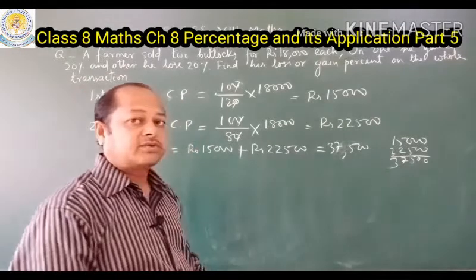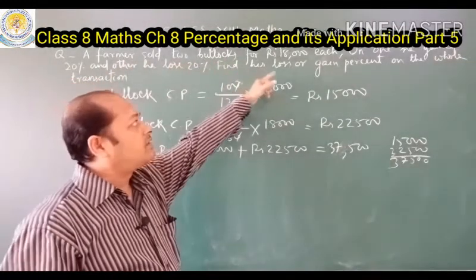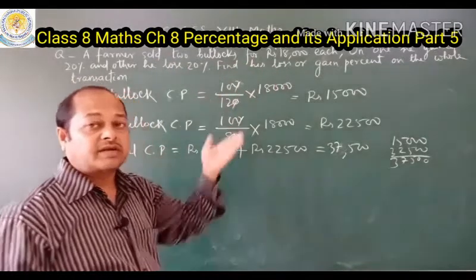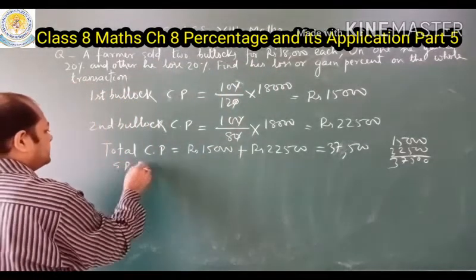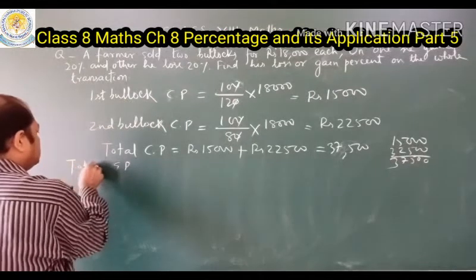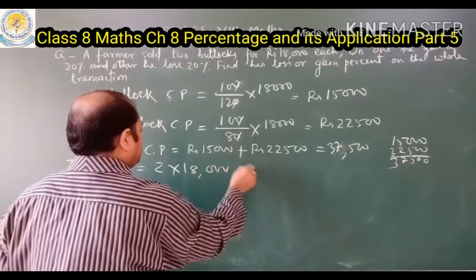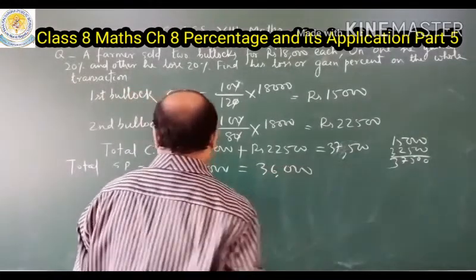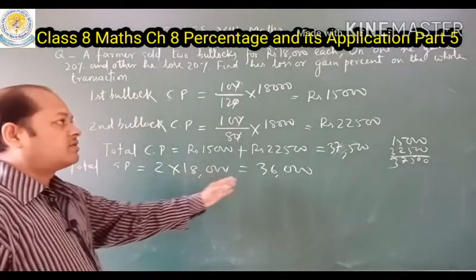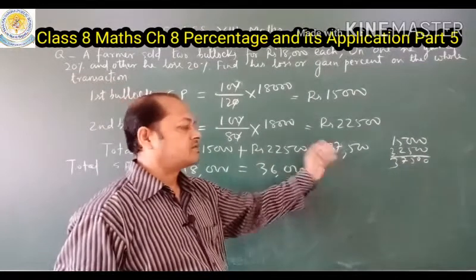And what is the total selling price? Because here the farmer sold 2 bullocks and 1 bullock is sold at 18,000. What is the selling price of the 2 bullocks? So the total SP equal to 2 into 18,000, that is 36,000. So we got the total selling price equal to 36,000 and the total cost price 37,500.